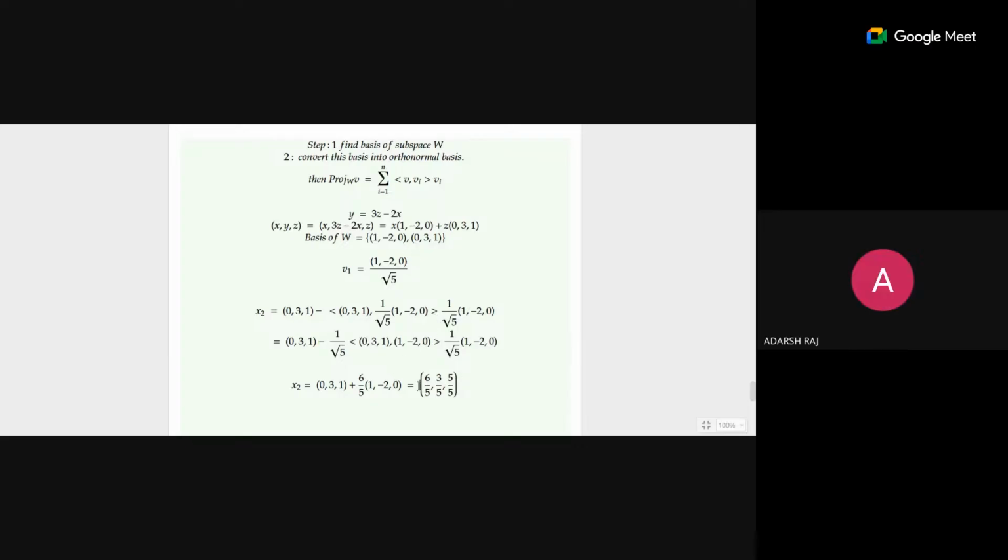Now we have to normalize this vector. So calculate the norm of this vector. What will be the norm?